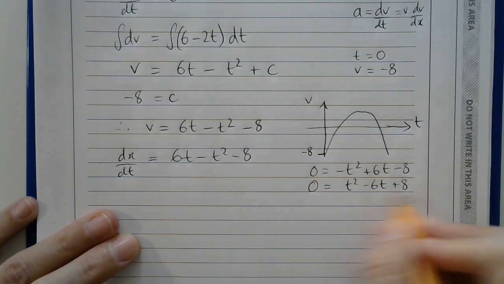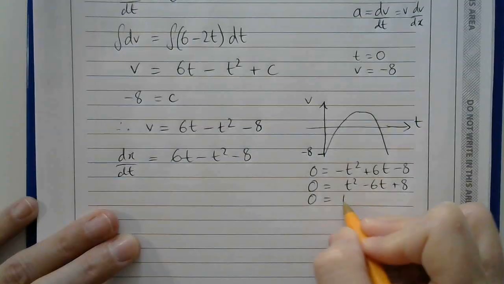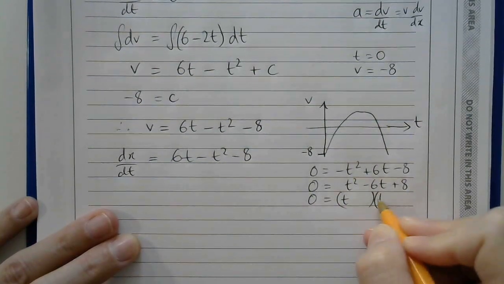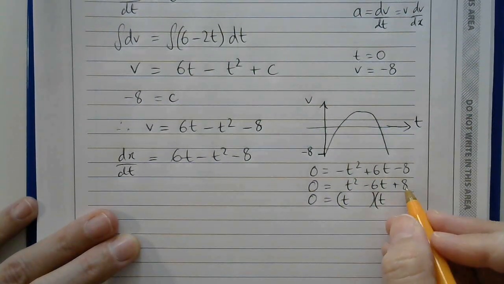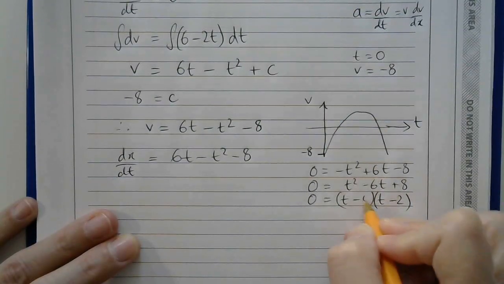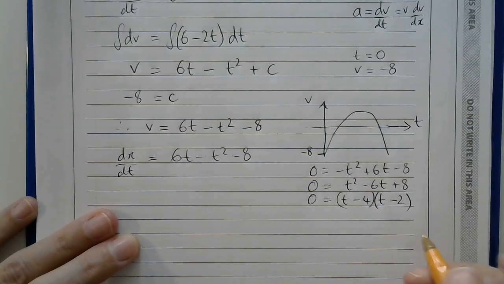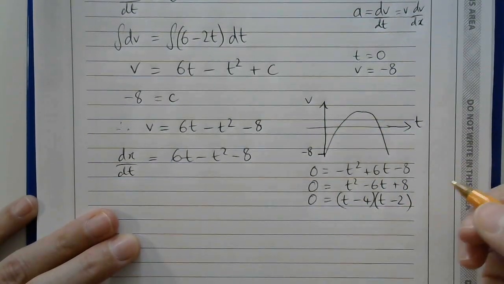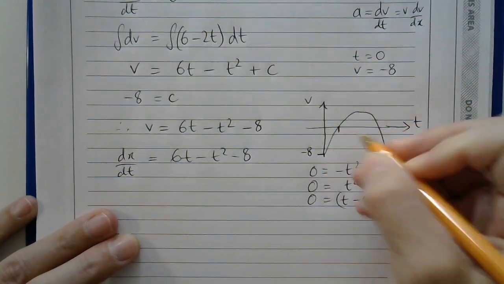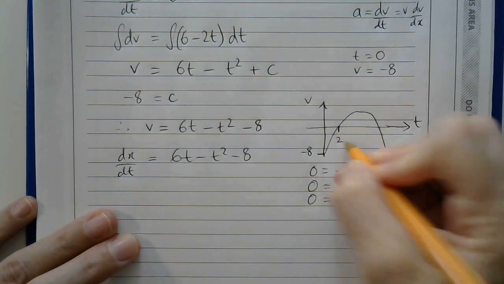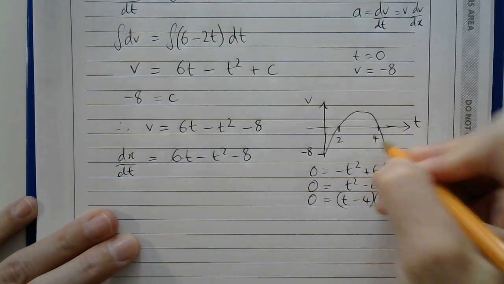Then I can factorize this. So I would get t and t, and here I would get -2 and -4, because that will multiply together to give me 8 and add together to give me -6. So therefore I'm finding that this value here is 2 and this value here is 4.